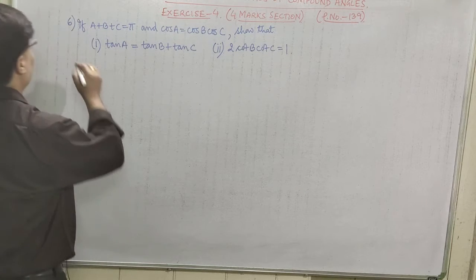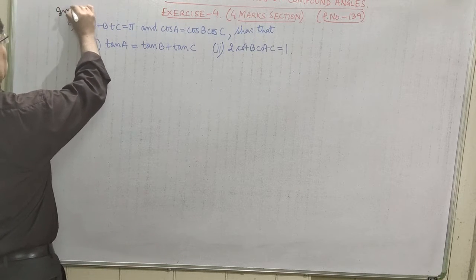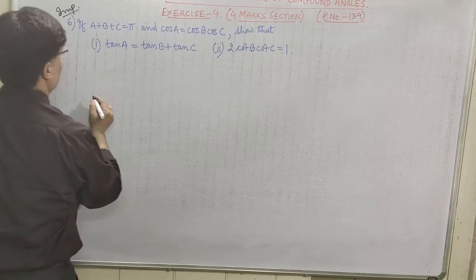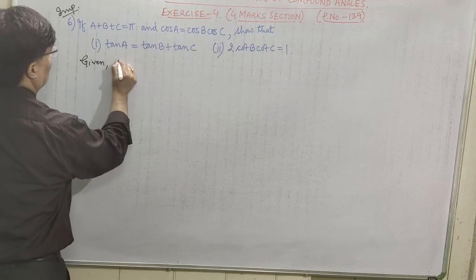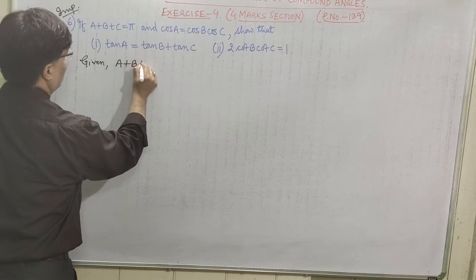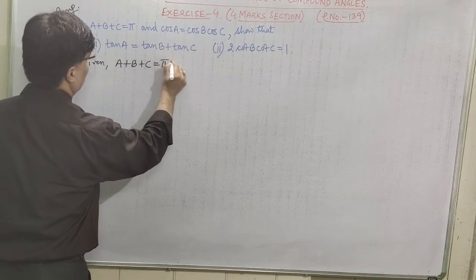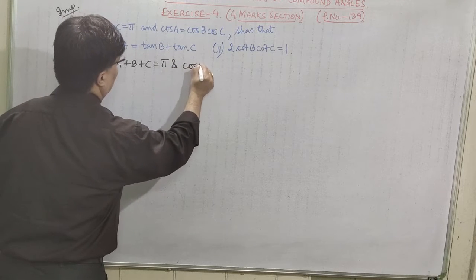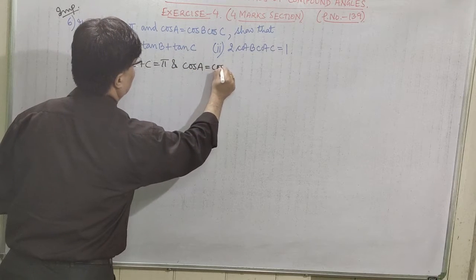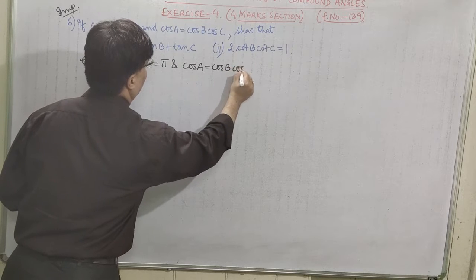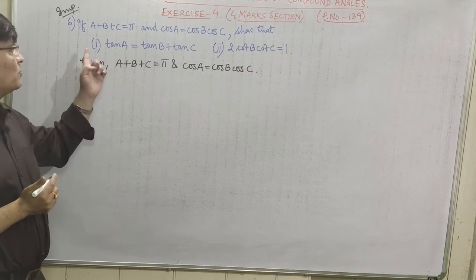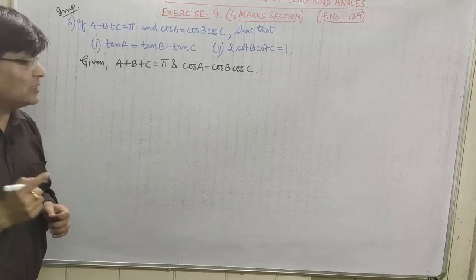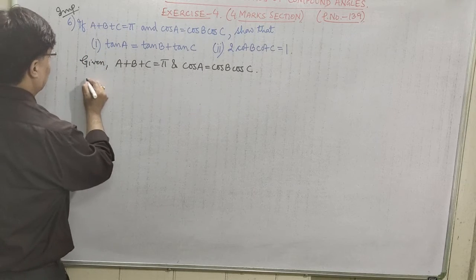So this question is very important. You can mark it, right? So what is given here? A plus b plus c is equal to pi and cos a is equal to cos b cos c. Now let us prove number 1, that is tan a is equal to tan b plus tan c.